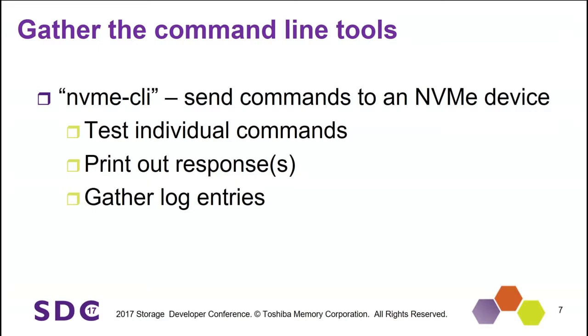Other reasons for designing to use the slow path may include portions of the spec where you see a lot of churn happening between 1.1, 1.2, 1.2.1, 1.3, ECNs. So as you see a lot of changes in parts of the spec, you may decide you want to keep things in firmware, not necessarily move them into the fast path.